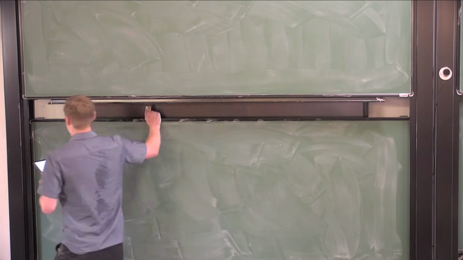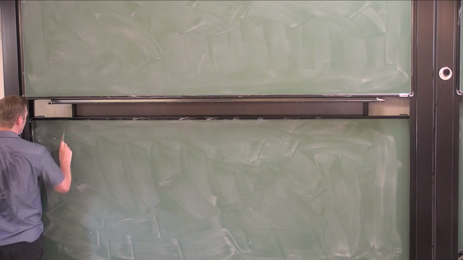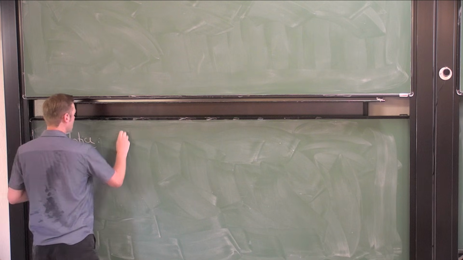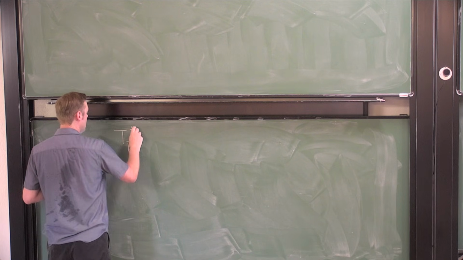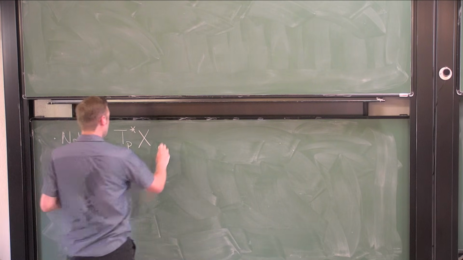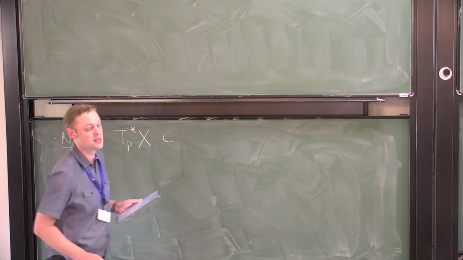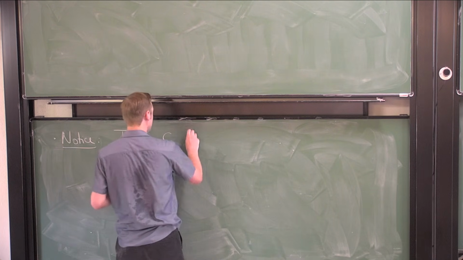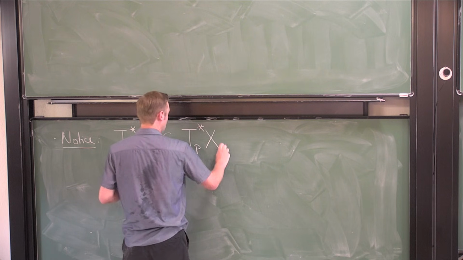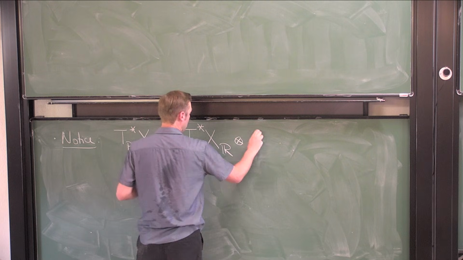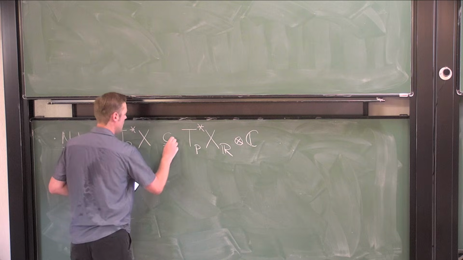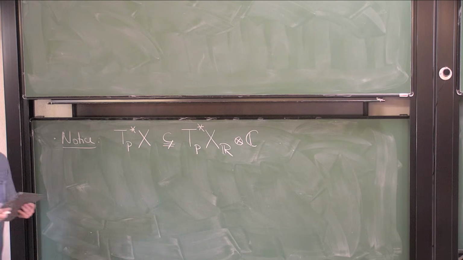Right, so notice that this complex cotangent space, which I denoted by T_p^*X, certainly is a subspace of this complexified real cotangent space. But it is not equal to it, not even close.